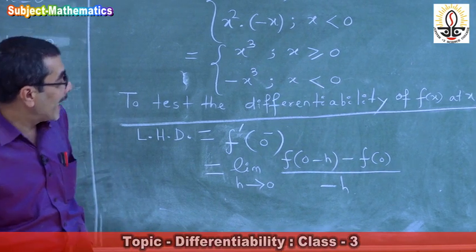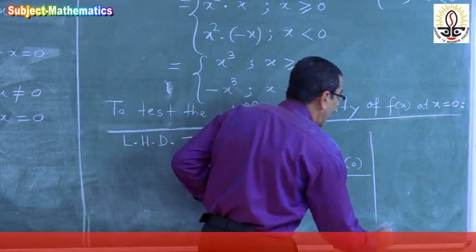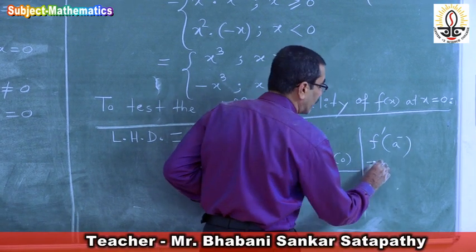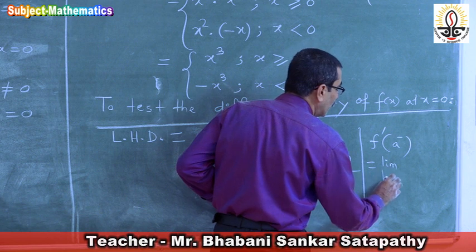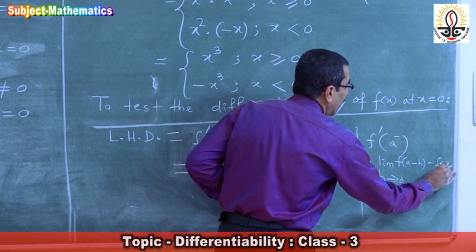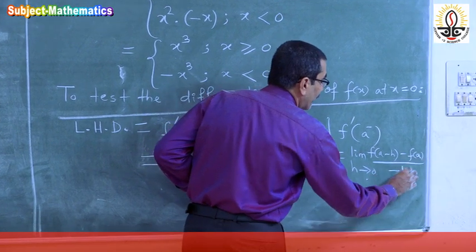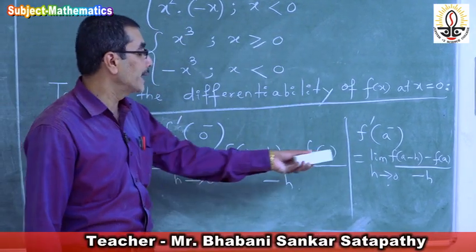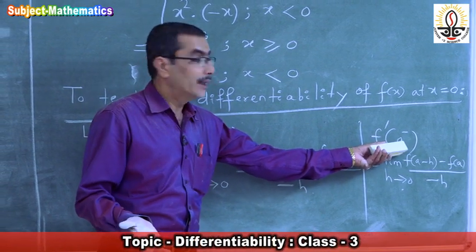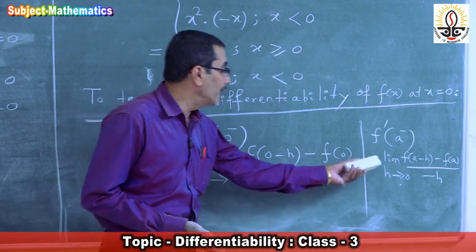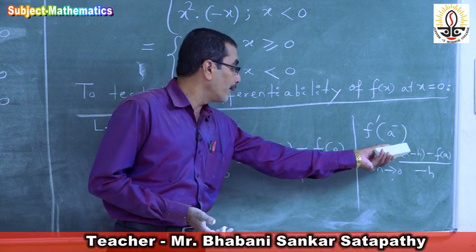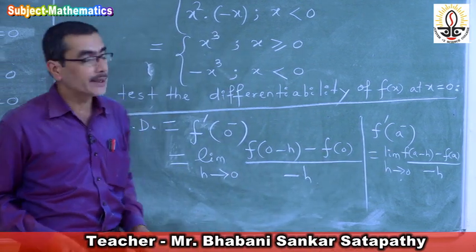Why have we written f of 0 minus h? Since you know the left hand derivative f dash a minus is nothing but limit h approaches to 0, f of a minus h minus f of a divided by minus h. In place of a, we have written 0.